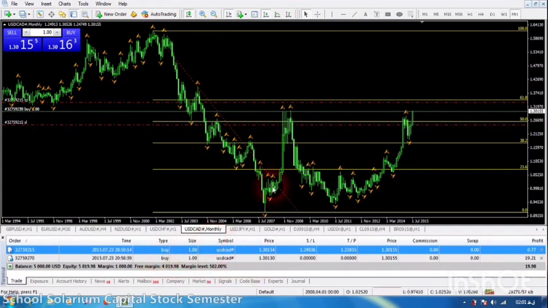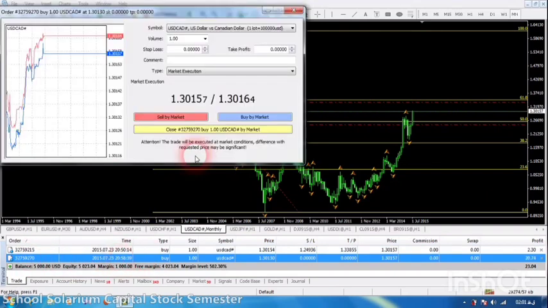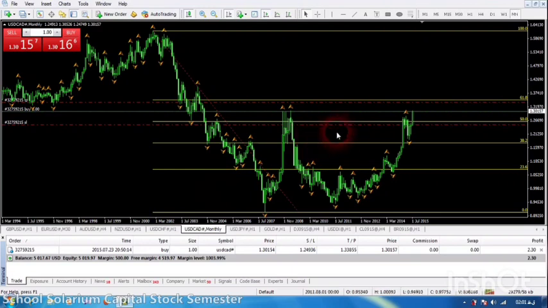I can close it so I can earn my money. So I click on it and then click on this close here. If I do that, the order will be closed and my profit will be added to my balance.